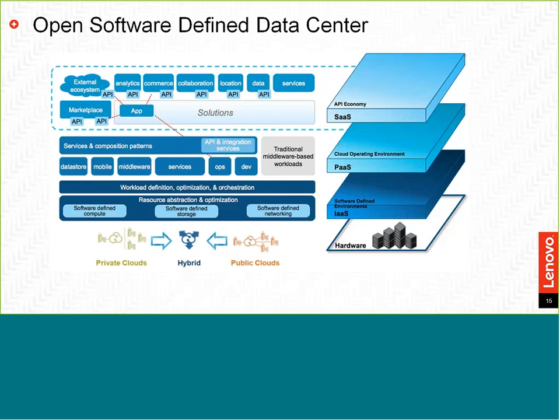So you've probably seen this before. I found this from an IBM presentation, but it's just a generic software-defined data center. And really, what we're looking at, I'm trying to bring out my little pointer here.